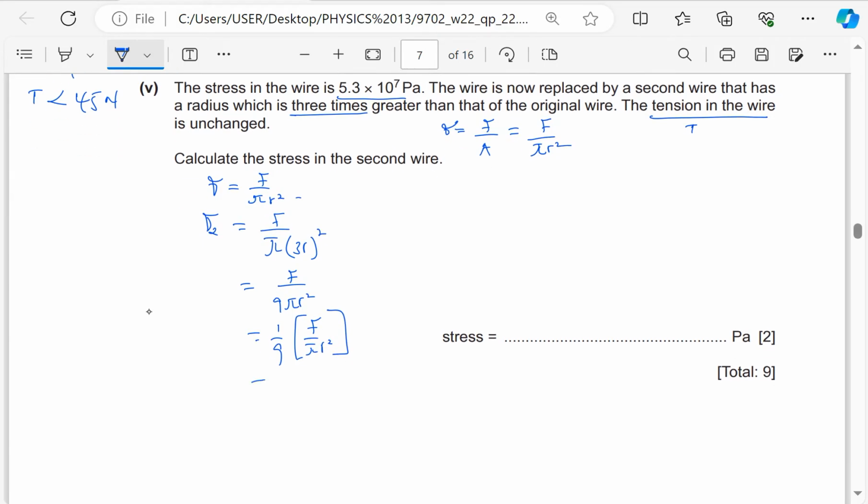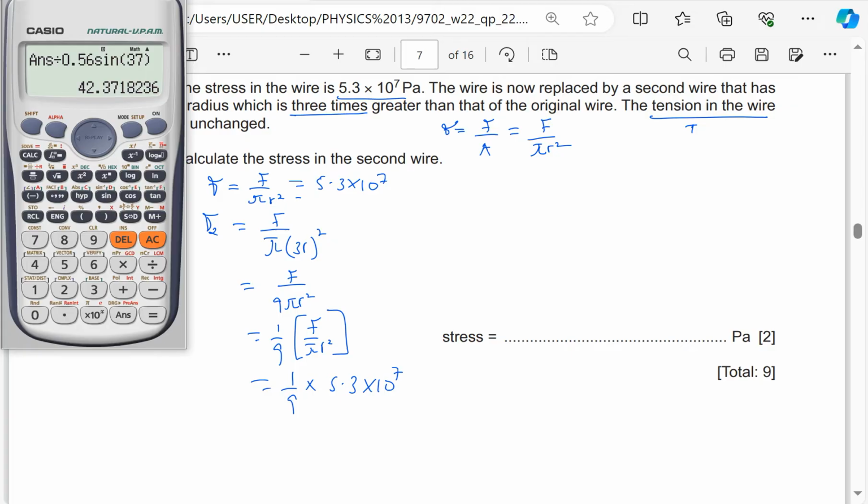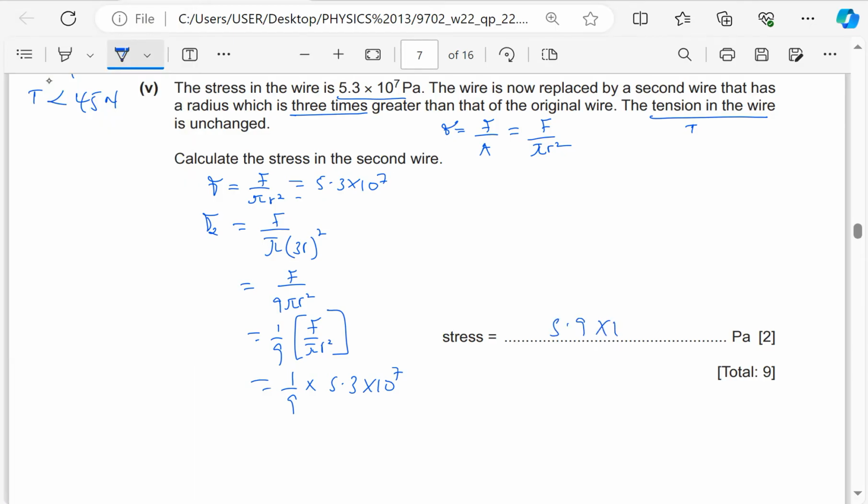So it's like it is 1 over 9 times the first stress. Remember, this was 5.3 times 10 to the power of 7. So I'll just say 5.3 exponent 7, and I divide this by 9. So this is 5.89 or 5.9 times 10 to the power of 6 pascals.